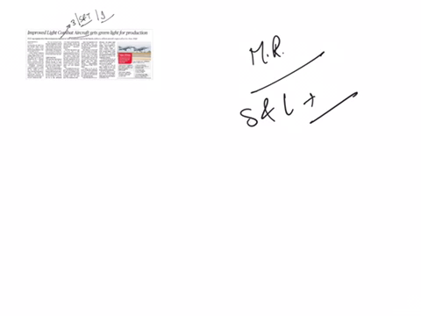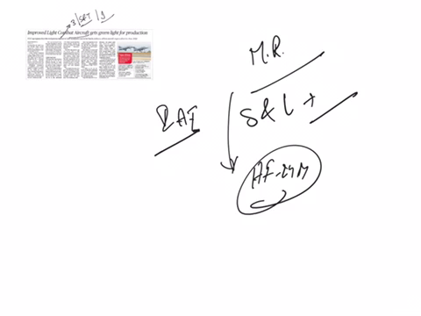LCA Tejas, that is the light combat aircraft Tejas, is not the first indigenous fighter, that is, produced in India and inducted into the Indian Air Force. Before this Tejas, we also had the HF-24 Marut fighter, which is an indigenously developed fighter aircraft. This Tejas is designed by the Aeronautical Development Agency and Hindustan Aeronautics Limited.